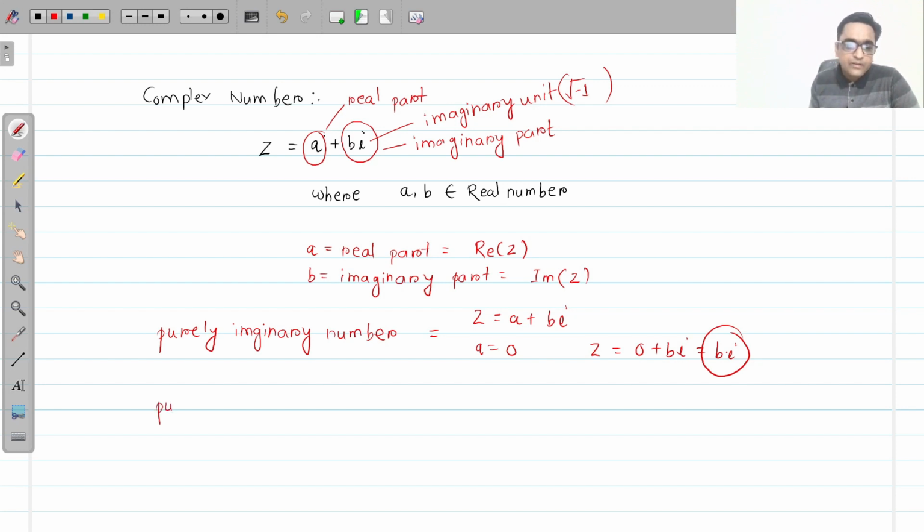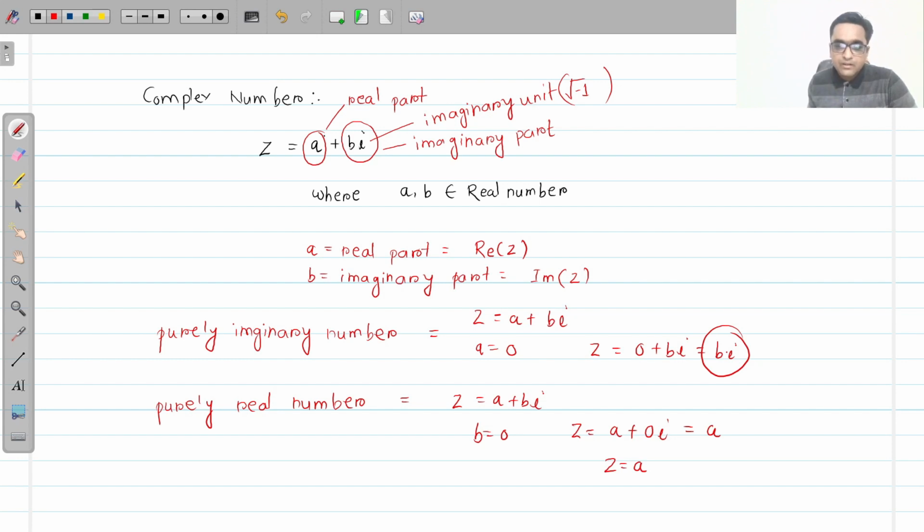Now the purely real number: z is equal to a plus bi. Let us take b equal to 0, so z is equal to a plus 0i, that is z is equal to a. So it is a completely real number, a purely real number.